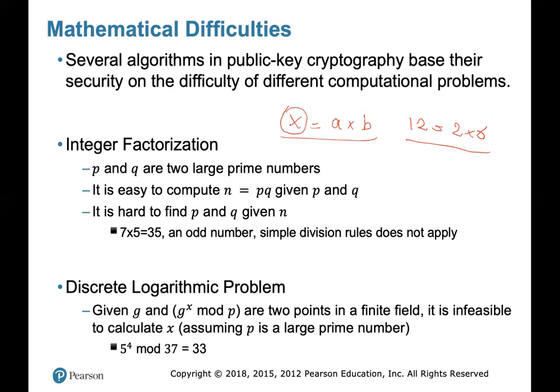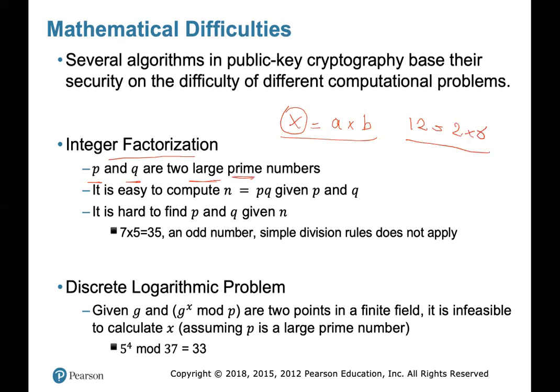And the reason we talk about factorization is that in asymmetric encryption, we derive the keys in a way that makes the factorization very difficult. So let's take a look at factorization given that we have two numbers, P and Q, which are large prime numbers.